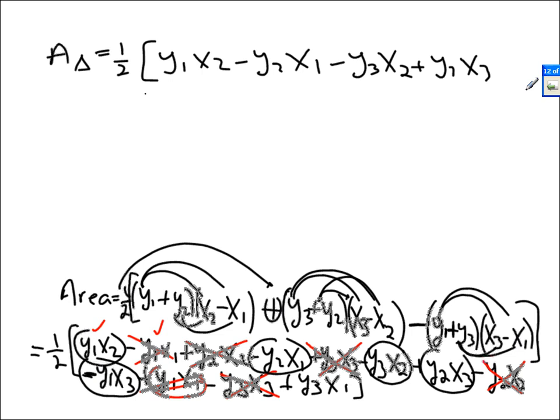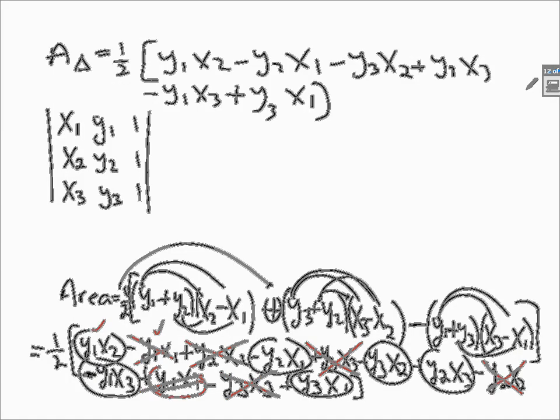And then I put ones. The determinant is going to equal what's in the brackets. That is, half of that determinant, I should get what's on top.